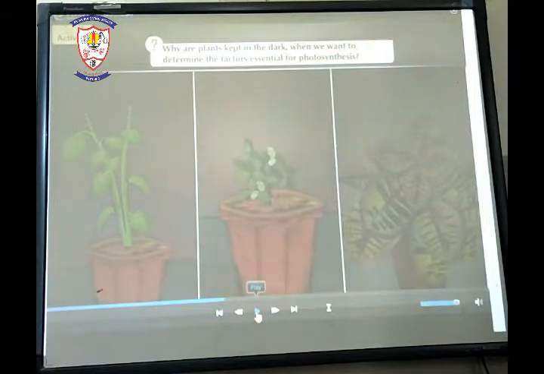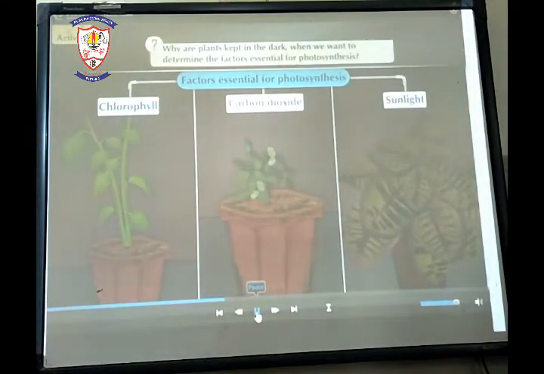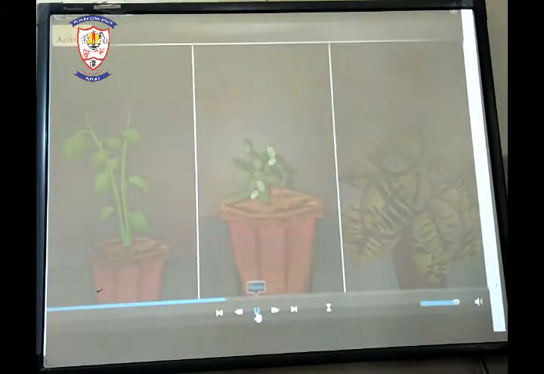After performing these activities, you may say experiments, we can ask why plants are kept in the dark when we want to determine the factors essential for photosynthesis. Here we want to determine the essential factors for photosynthesis, such as chlorophyll, carbon dioxide and sunlight.